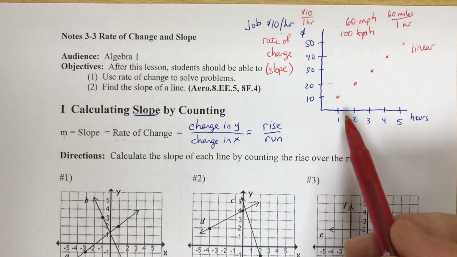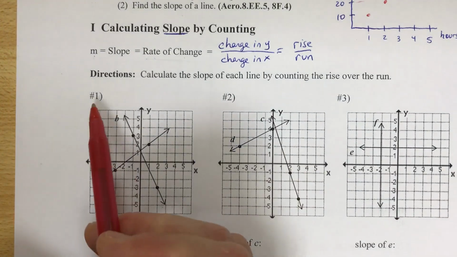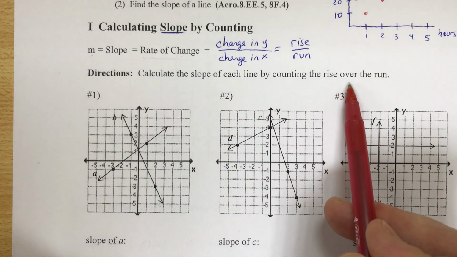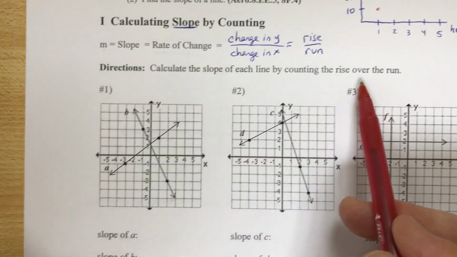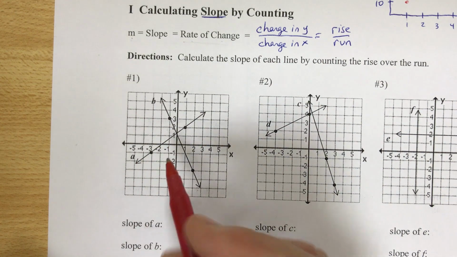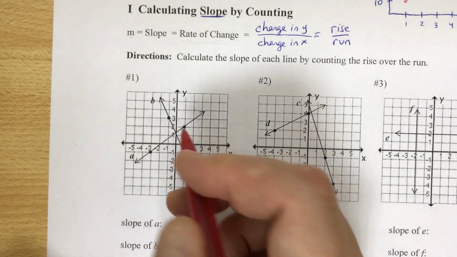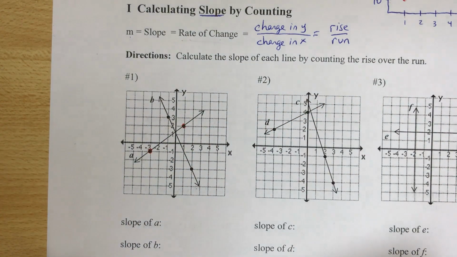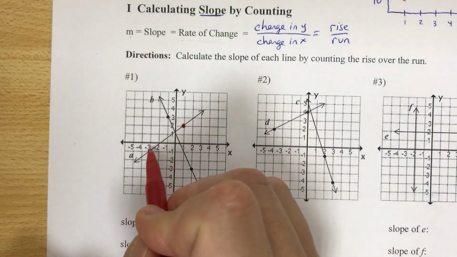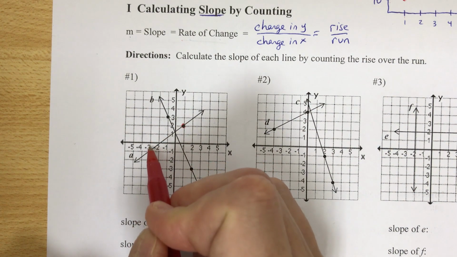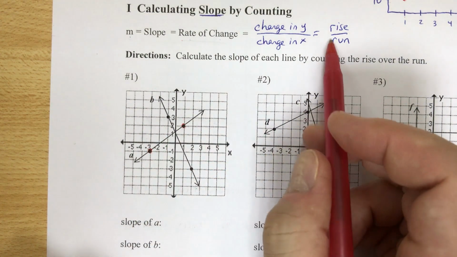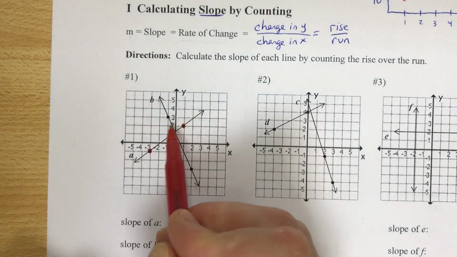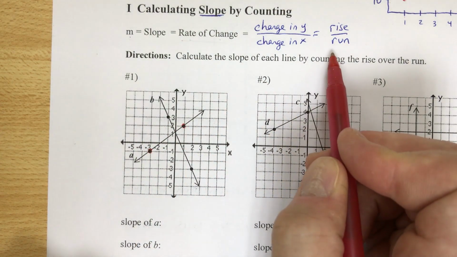That is slope. Okay, so in numbers 1, 2, and 3, calculate the slope of each line by counting the rise over the run. Well, in number 1, here's line A, and they give us 2 points. The rate of change is my vertical change, my up and down, which is what we call the rise, divided by the horizontal change, which is what we call the run.